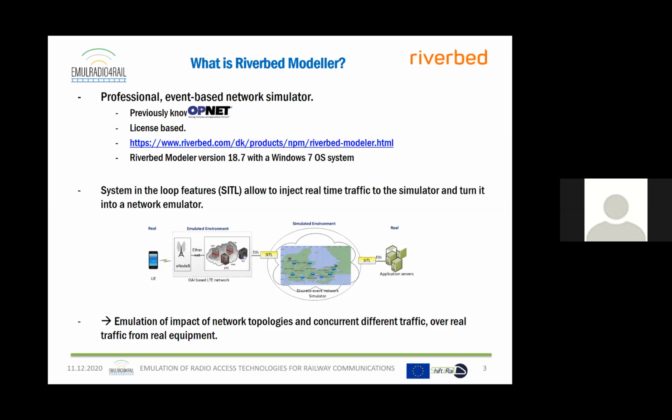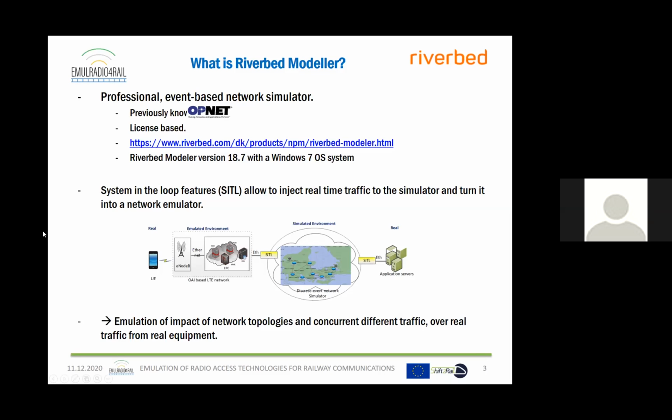As you can see from this figure, the real traffic from the LTE over-the-air emulation setup is injected from a SITL gateway on the left side, and then after being transmitted through the backhaul network, the simulated traffic is converted again and sent out to the application server.